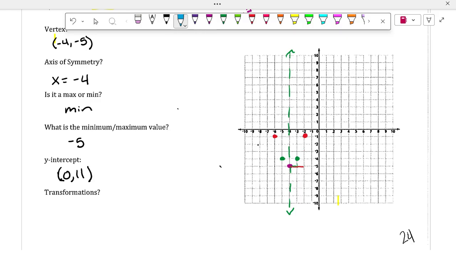If I go out 3, what would be my rise? 9. So I would go up 4, 5, 6, 7, 8, 9. And then find its reflection buddy on the other side. So if I graphed it, it would look something like this.